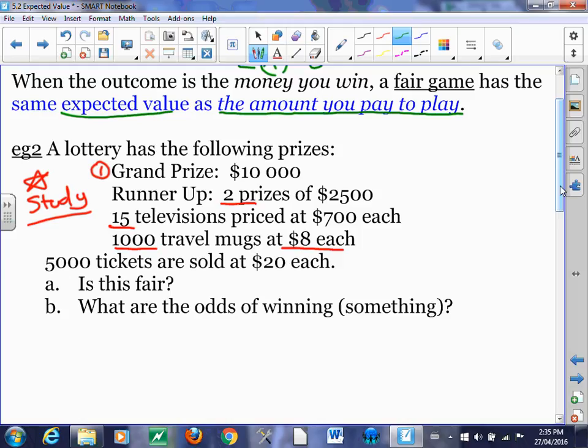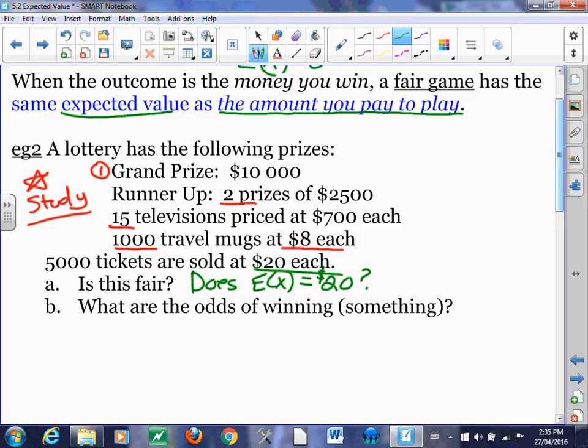Okay. So the question is, A, is this fair? Meaning, when we pay $20, will our expected value be $20? Right? So let me do this, does the expected value, meaning overall probabilities with the monies you can win, equal $20?